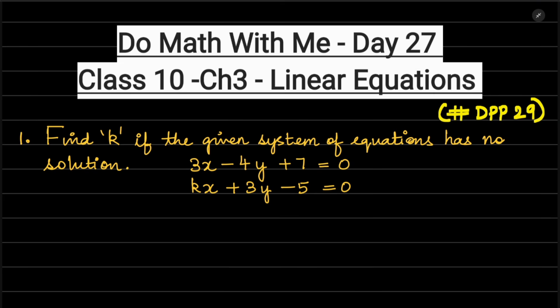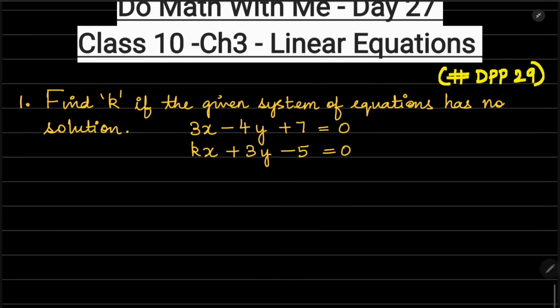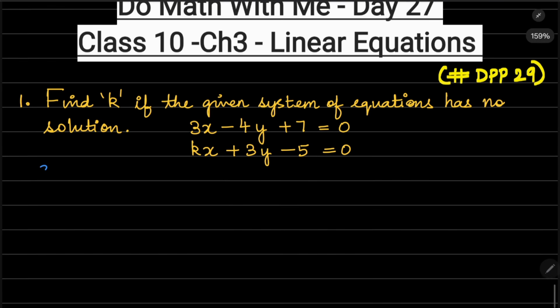Let's get started. The first question is, find k if the given system of equations has no solution. So you are given that this particular system of equations has no solution. So first of all, let us use that information which is given and the criteria that matches no solution.